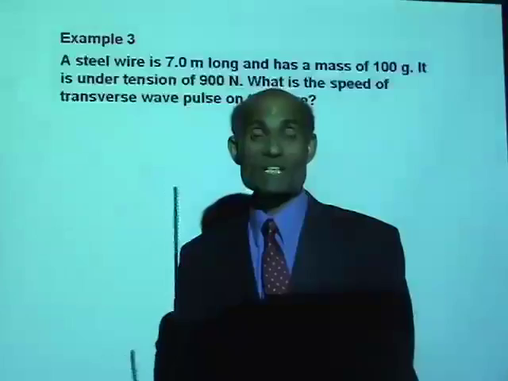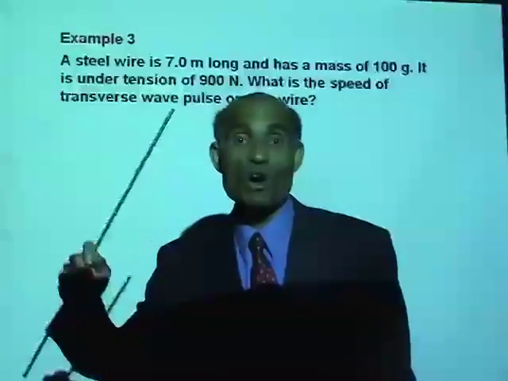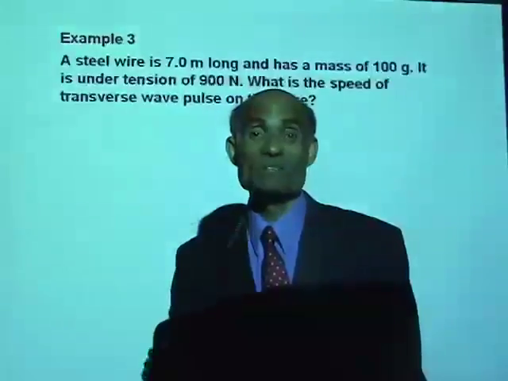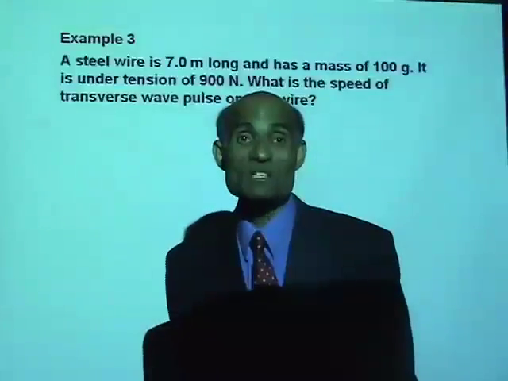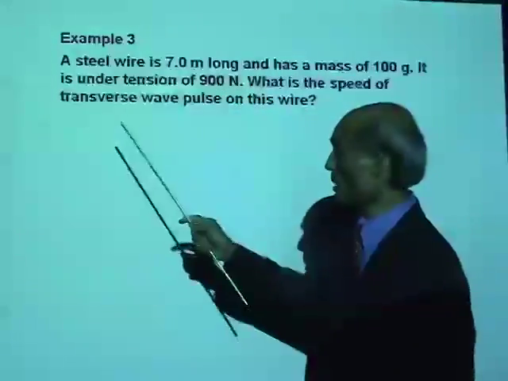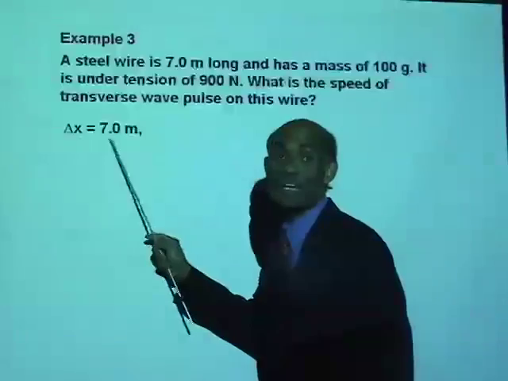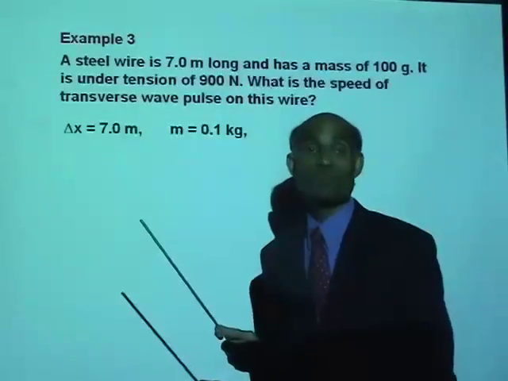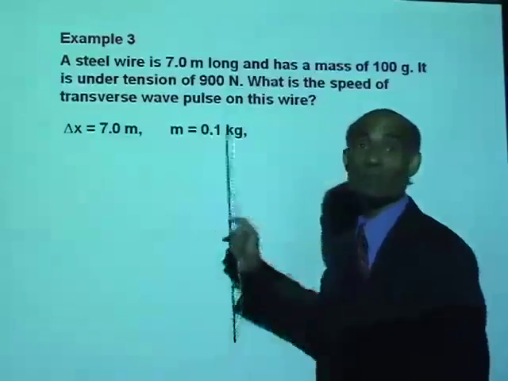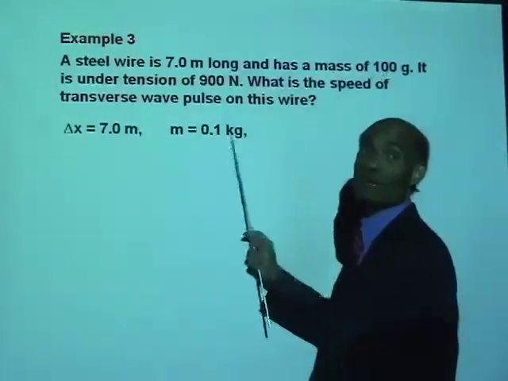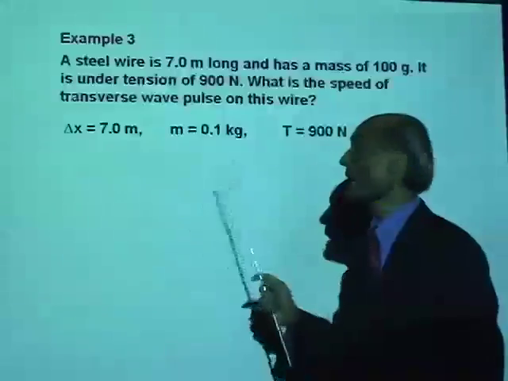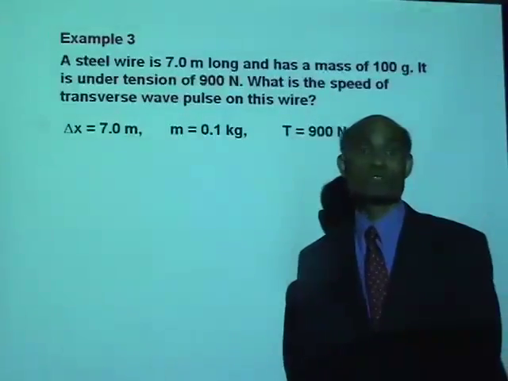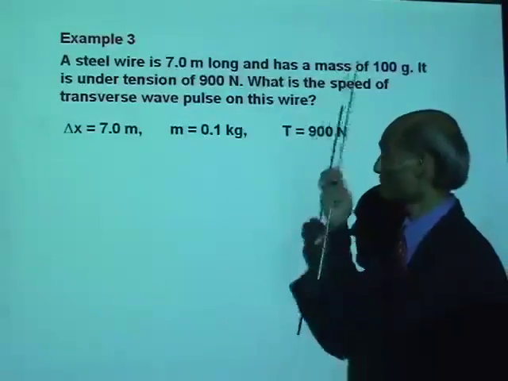It is v equal to square root of the tension T divided by mu, the mass per unit length. Now what do we have? We have delta x equal to 7 meter. Mass of the string is 0.1 kilogram. Is that right? 100 gram is 0.1 kilogram. And the tension of the string is 900 Newton.